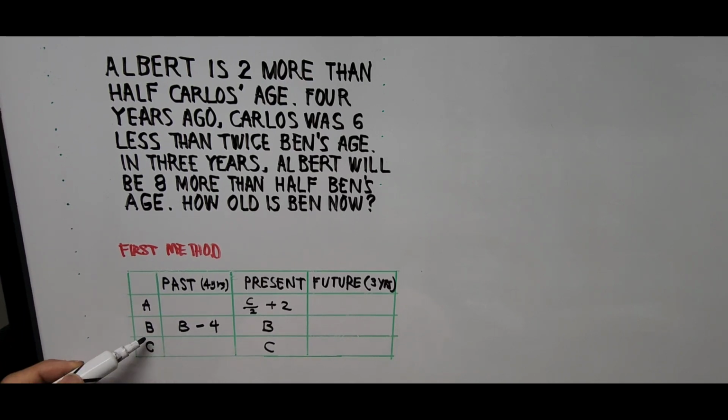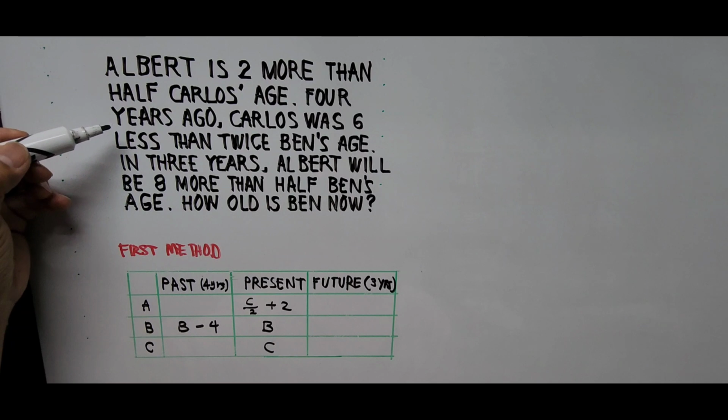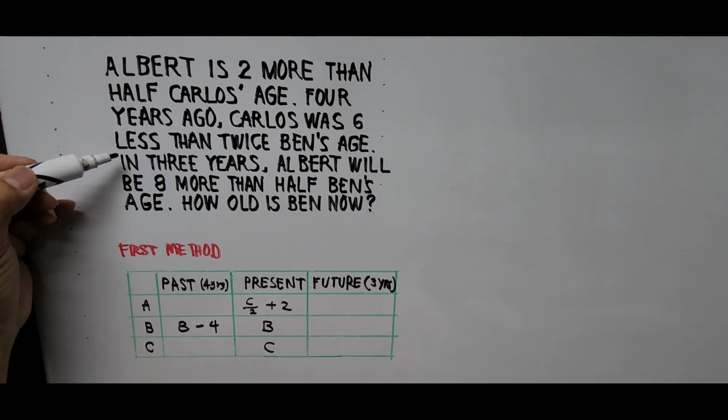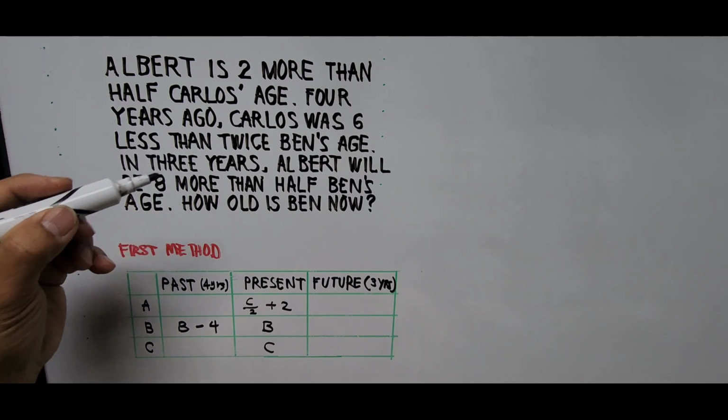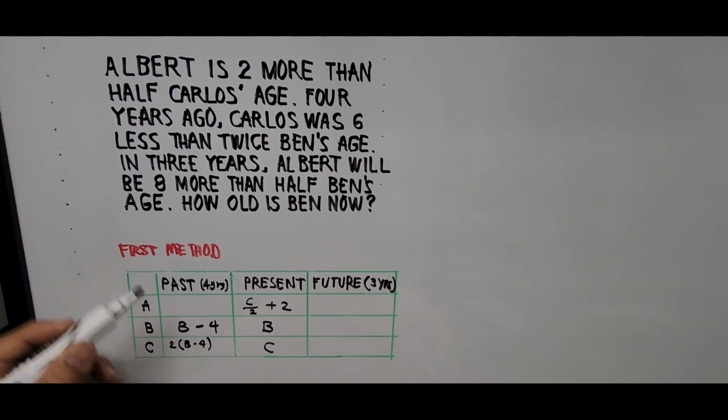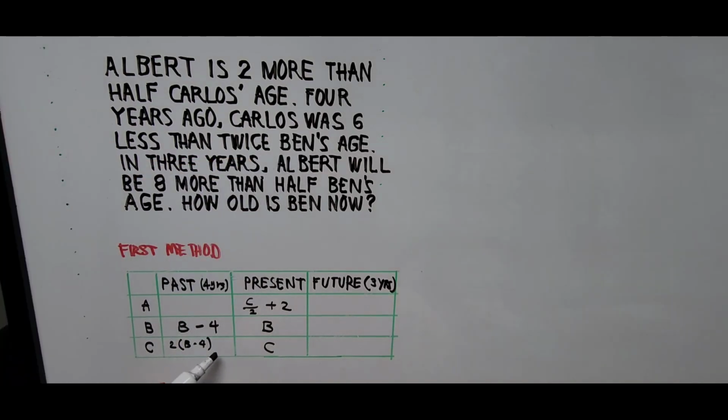Carlos was 6 less than twice Ben's age, that is 2 times B minus 4, and 6 less, so minus 6.